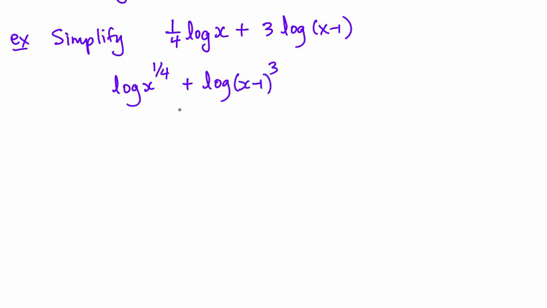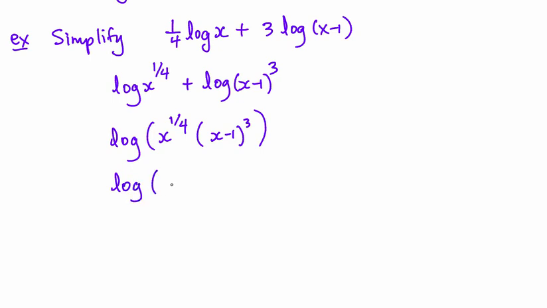And this multiplication, this plus sign becomes multiplication when I bring them together. So I get x to the 1/4 times x minus 1 cubed. And there it is, tightly together. If you want, you can change this to the 4th root of x times x minus 1 cubed and take it out of that exponential form.